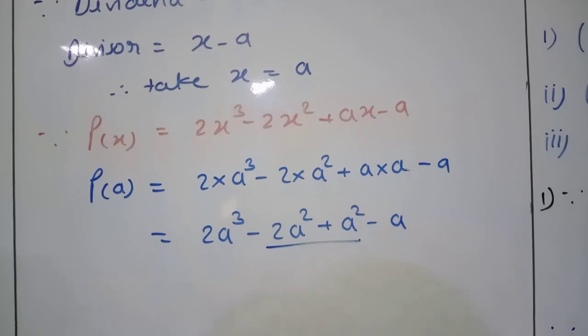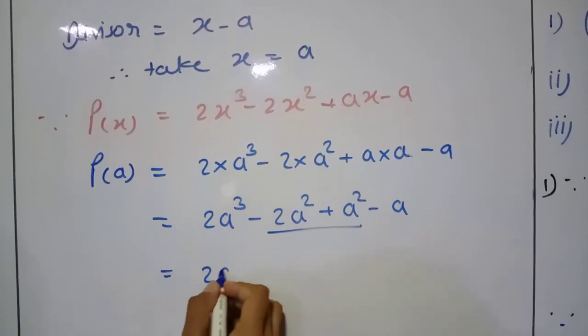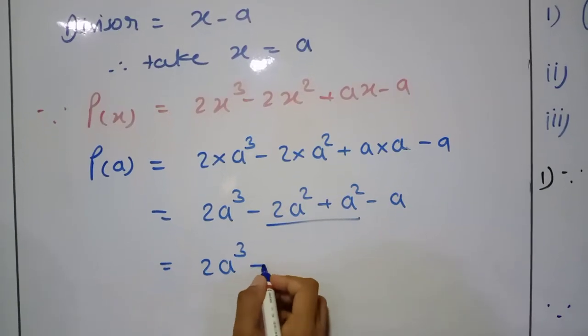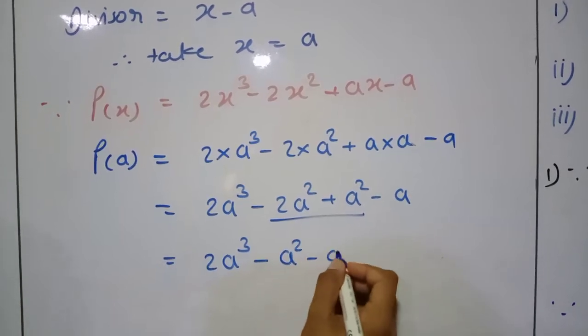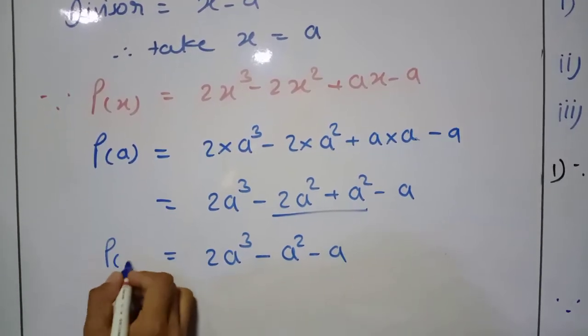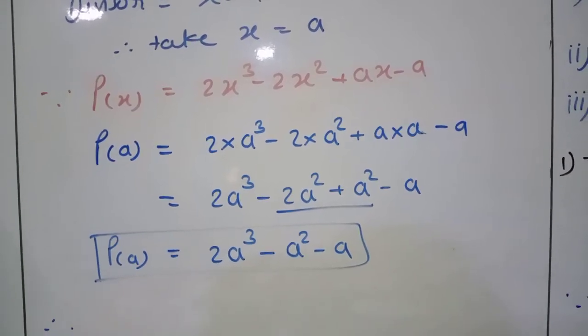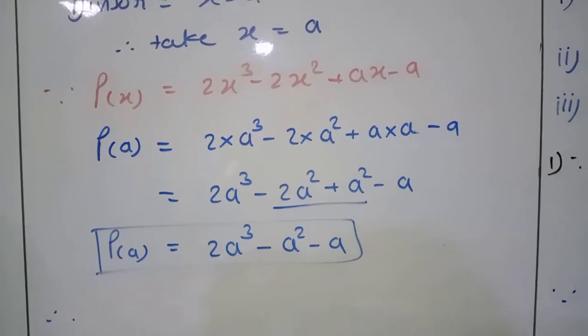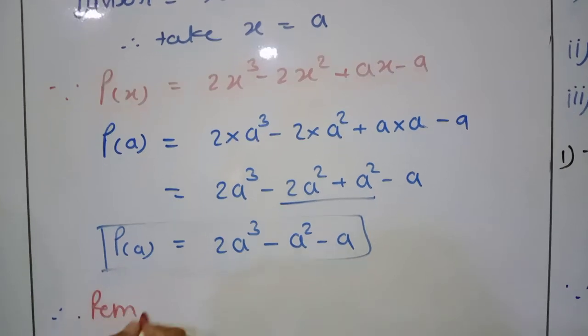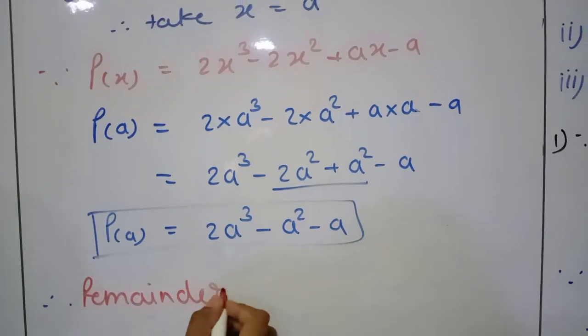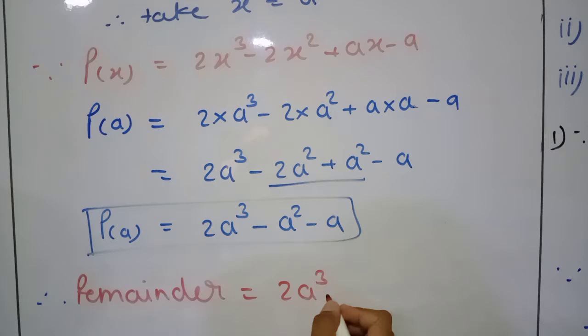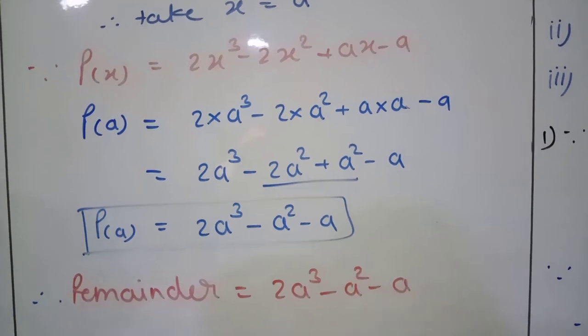Here we have the two like terms, 2a cube minus a square minus a. This is the value of p a. Means we can say therefore remainder is equal to 2a cube minus a square minus a.